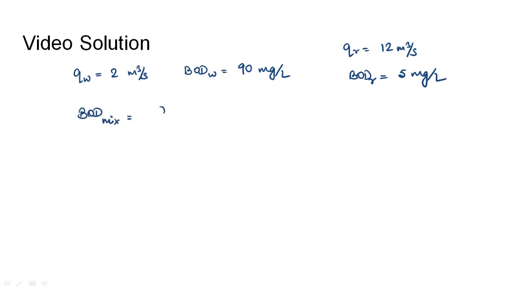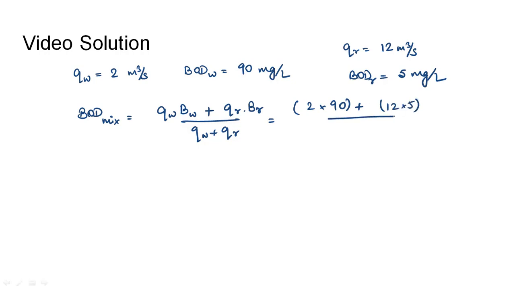That would be equal to QW into the BOD in the wastewater plus QR into the BOD in the river divided by the total discharge, that is QW plus QR. So this would become 2 into 90 plus 12 into 5 divided by 14, which would be 240 divided by 14, which becomes 17.14 milligrams per liter.